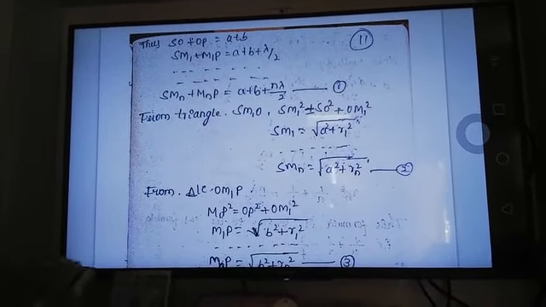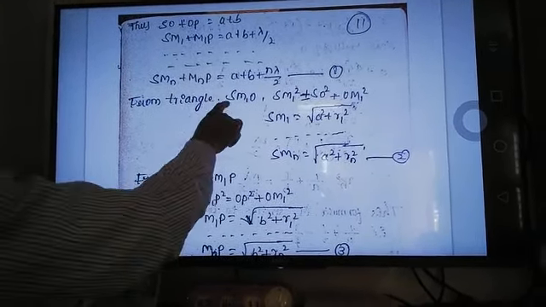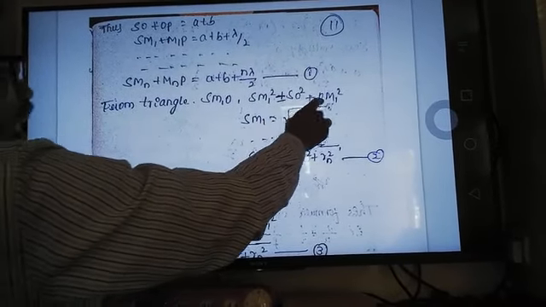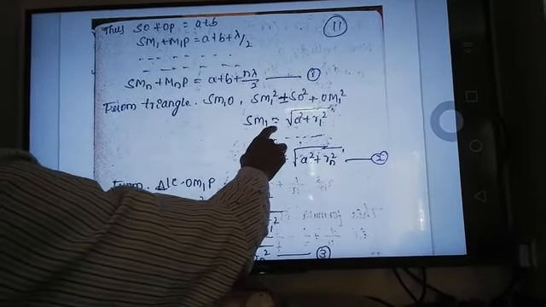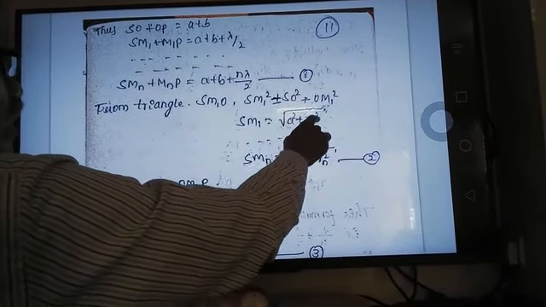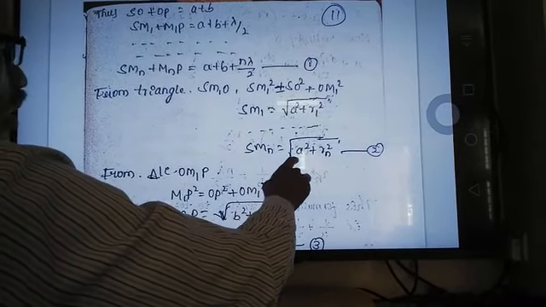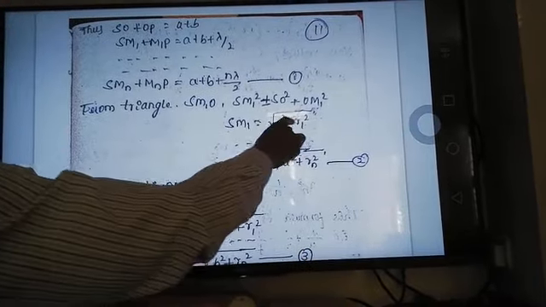Now let us consider the triangle S M1 O. From that, S M1 square is equal to SO square plus O M1 square. S M1 is equal to square root of A square plus R1 square. S Mn is equal to square root of A square plus Rn square.